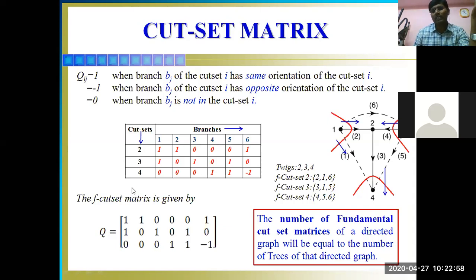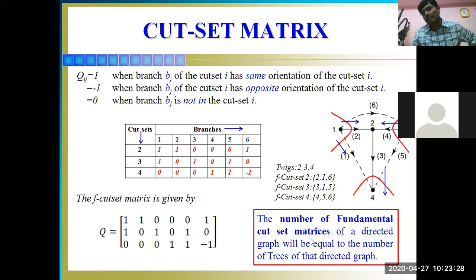Or any combination, suppose 1, 3, 4, you can get a different matrix. So if you change the tree, you can get different loop and cut set matrices. That is the meaning of this sentence.